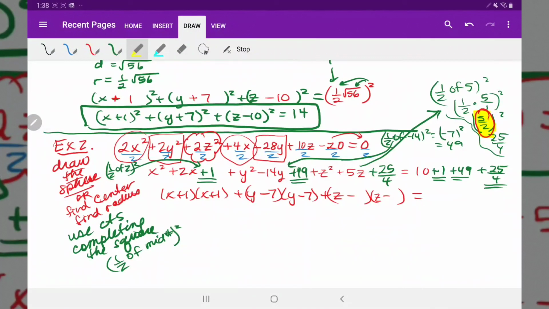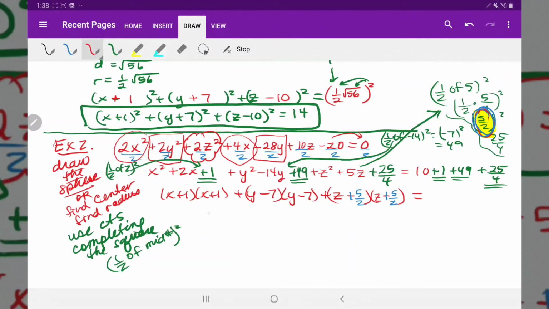And then probably you would have just written this step instead. Don't you feel like you would have? But it's okay to show the factoring step. It's really a step that's there. So I'm going to bubble this one to show you that this is optional. Right now I'm just going to leave it 10 plus 1 plus 49 plus 25 fourths, because that's an optional step and we have to make sure we do the rest here.